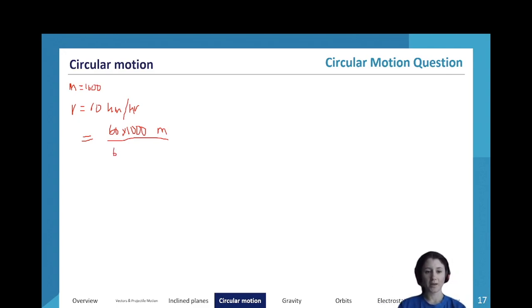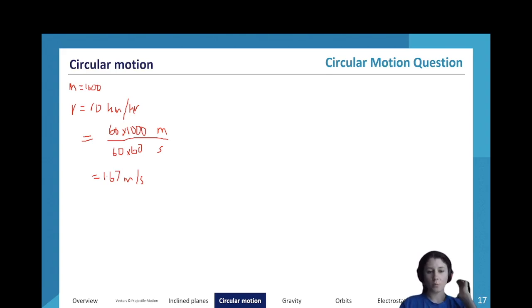We have 60 minutes in an hour and 60 seconds in each one of those minutes. So this is going to be our conversion here, which gives us 16.7 meters per second.